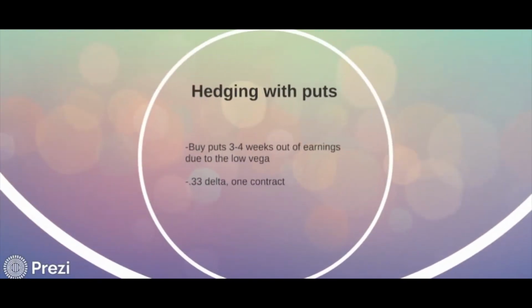So when we're hedging with puts, we're buying puts 3 to 4 weeks out of earnings due to the low vega, and vega is what we talked about earlier, implied volatility. So we're looking at a 33 delta at one contract is what a lot of people go for in that strategy.